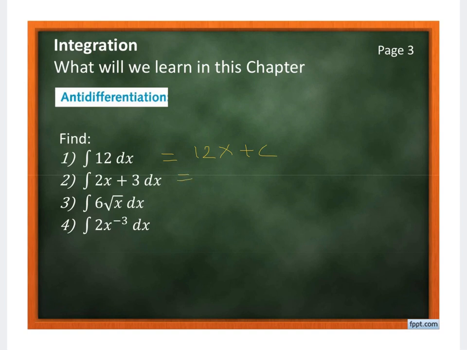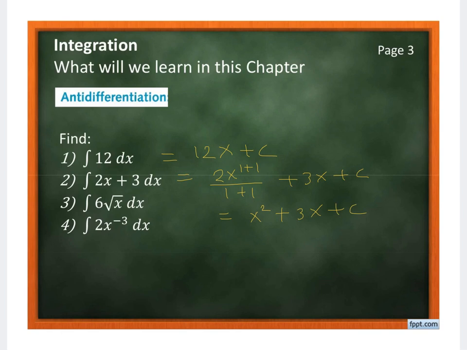Antiderivative of 2x plus 3 equals 2x to the 1 plus 1 over 1 plus 1 plus 3x plus c equals x squared plus 3x plus c.